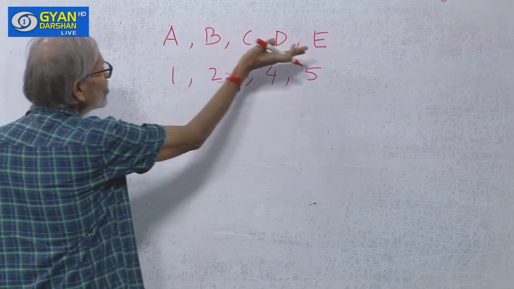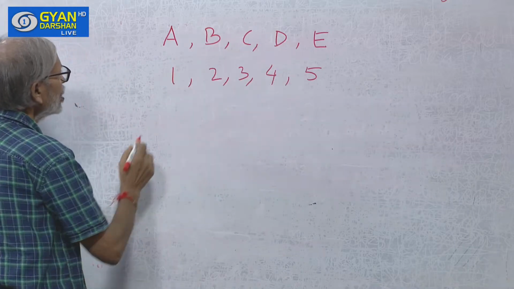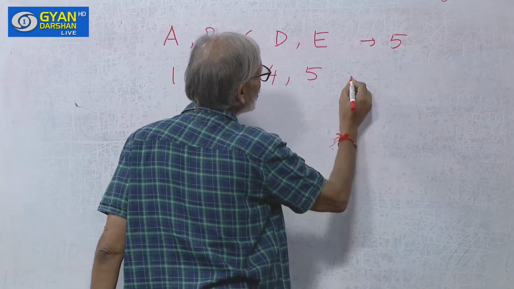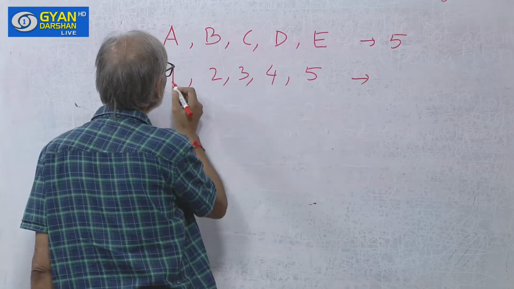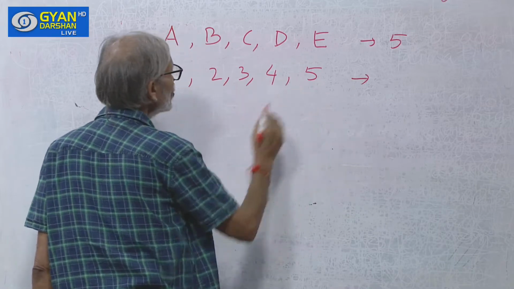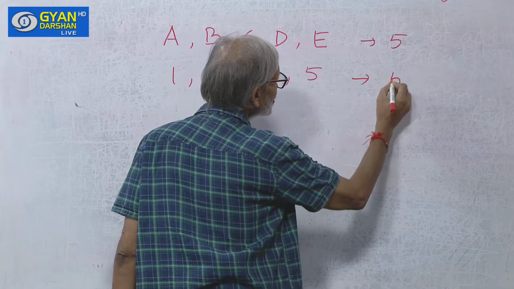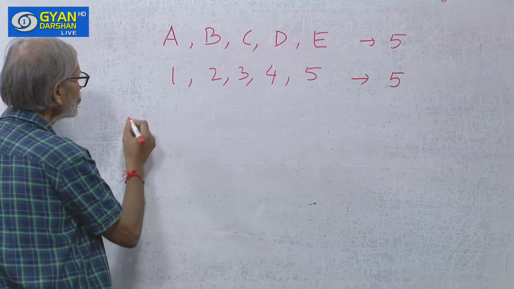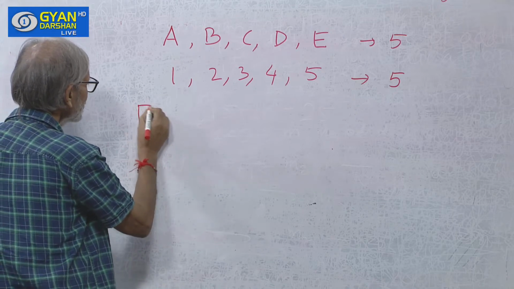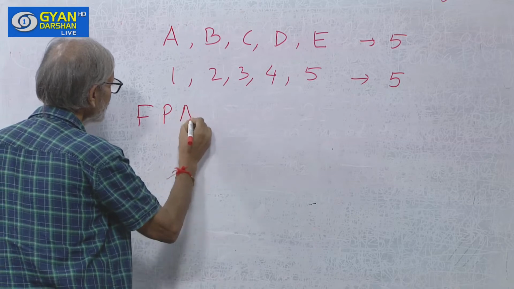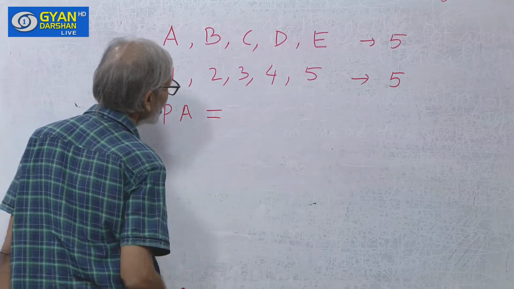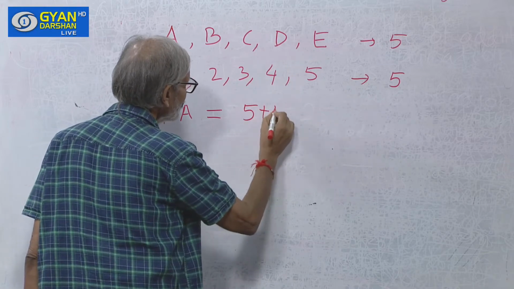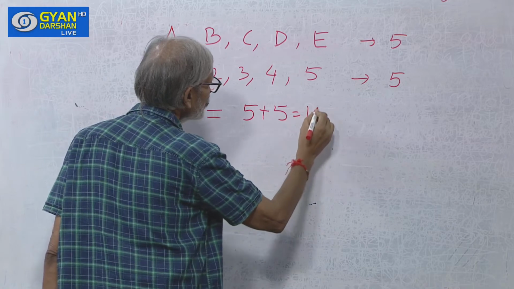You can choose any of the letters from here. So, 5 options are there, and then you can choose any one of the numerals from here. So, 5 options are here. You have to choose one option. So, FPA says, fundamental principle of addition, that the total number of ways you can select is 5 plus 5 is equal to 10.